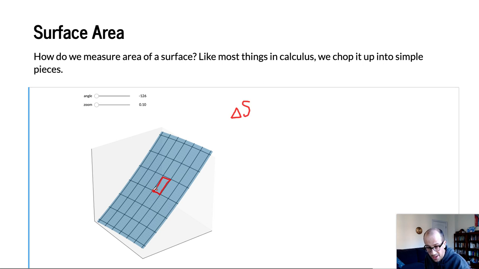I realize that at any given point, if I fix one of my parameters and let the other one vary, I'll get a curve through that point right there. And then what I can do for that curve is differentiate it to find a tangent vector.